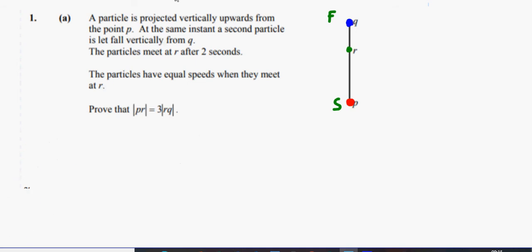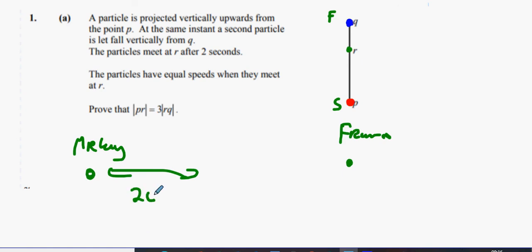Now, let's UVAS this. The direction doesn't matter. An example is, if I'm traveling this way, there I am, and that's my home. Oh, sorry, that's my friend, right? If I travel 20 meters, and they travel 80 meters, it makes up the distance in between us.